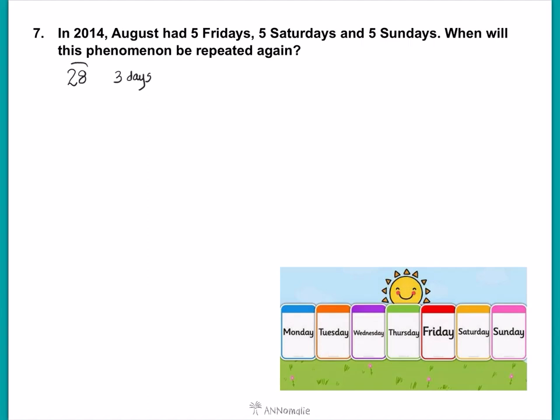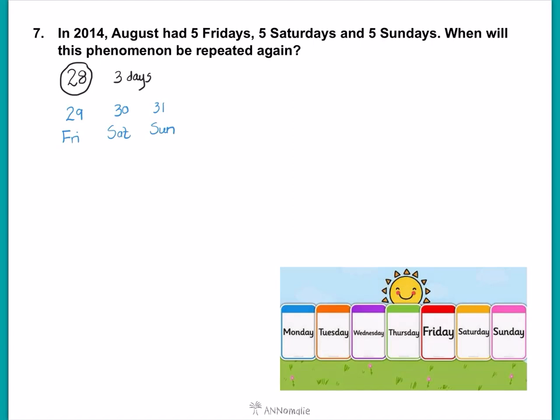Within these 28 days, I'll have 4 of each day of the week. That means then to have 5 Fridays, 5 Saturdays and 5 Sundays, the 29th, 30th and 31st must be Friday, Saturday, Sunday.